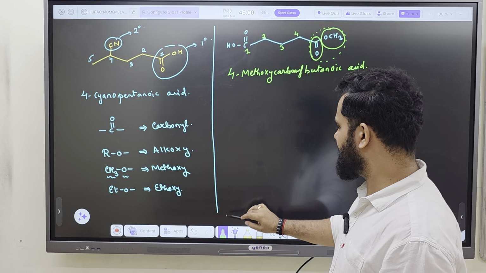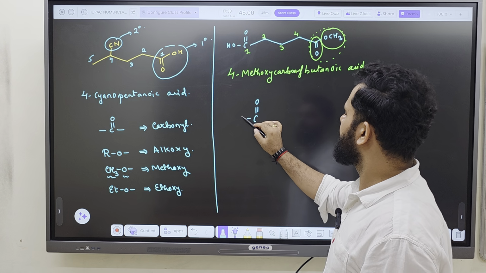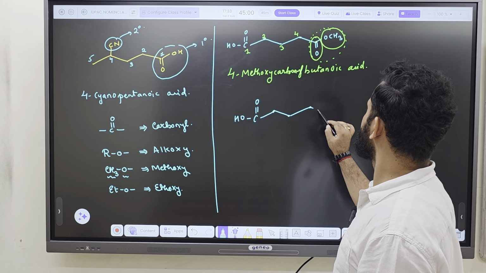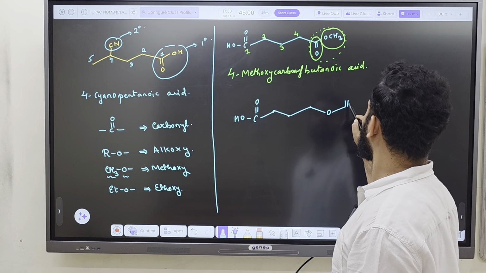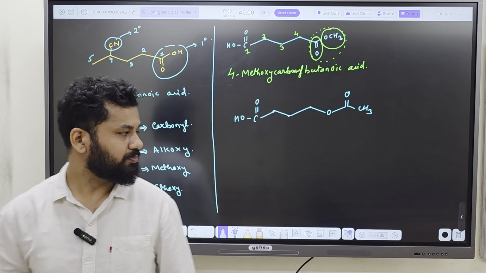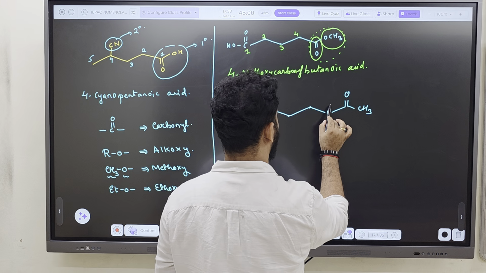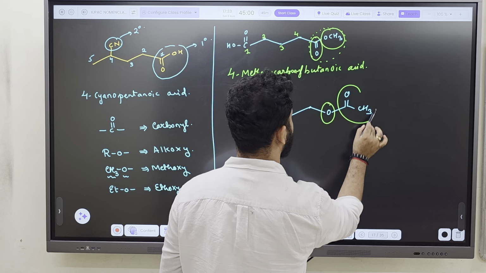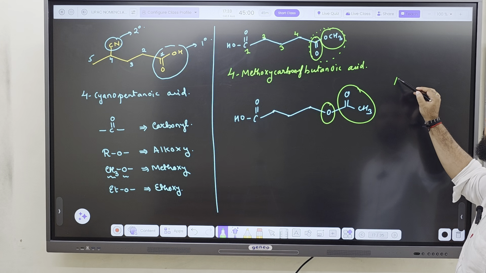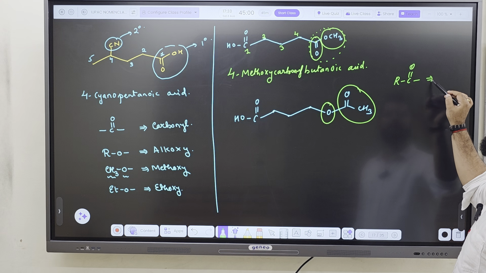However, if I had the same guy with a slight tweak in it, 1, 2, 4, like this, then what? Now see, again there are two parts. One is O and other is CH3CO. Let me tell you that this group is called alkanoyl group.